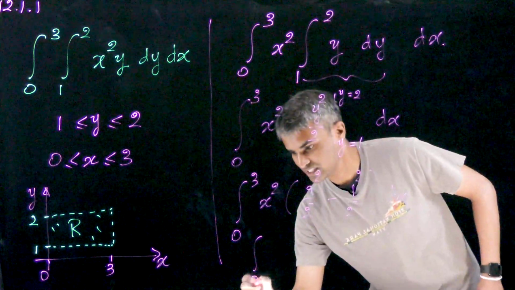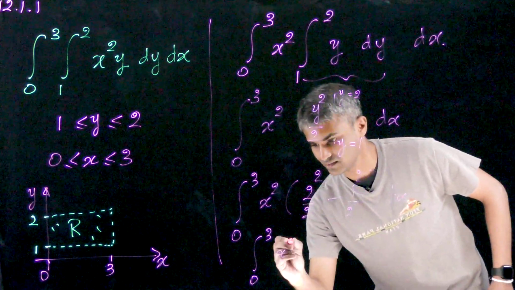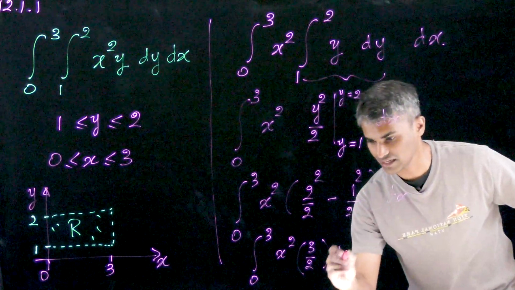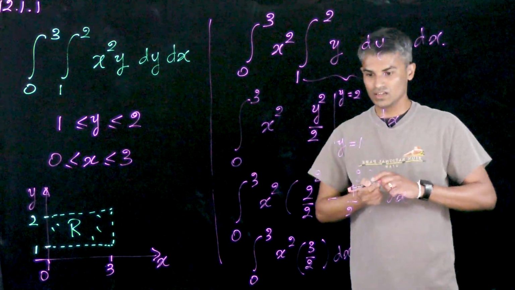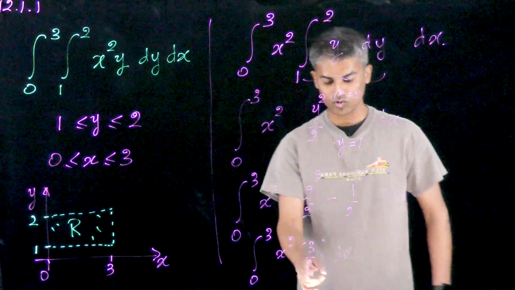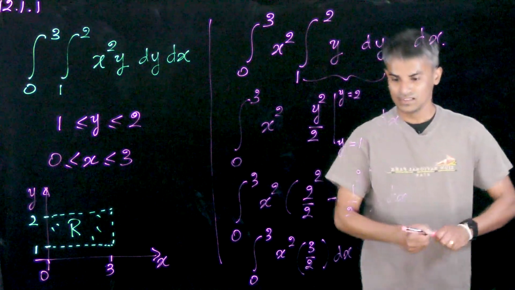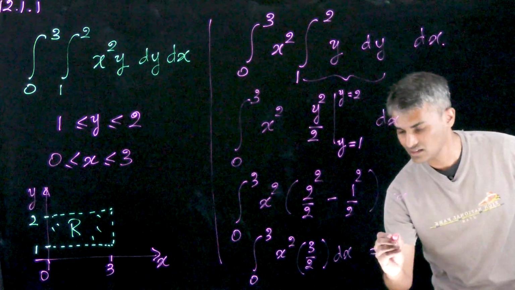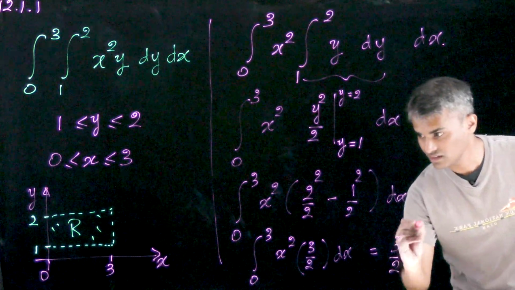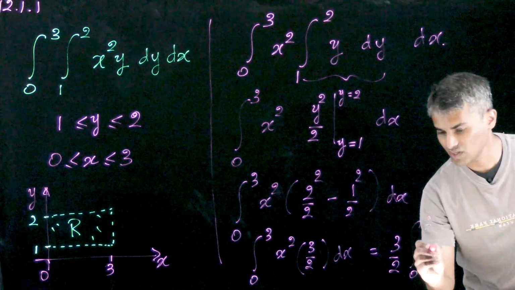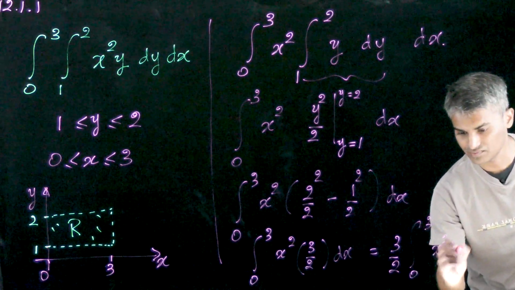So now we basically have this integral times 3/2 dx. Okay, now 3/2 is a constant and we can pull out a constant from this integral. You will get 3/2 times the integral from 0 to 3 of x squared dx.